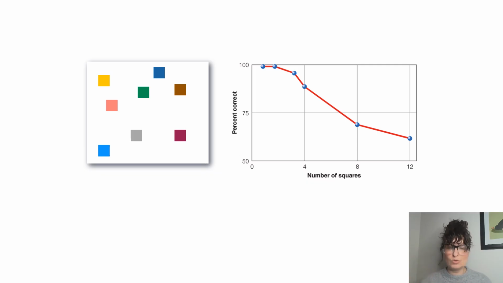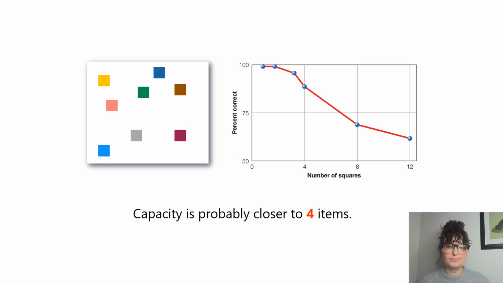But as soon as you crest over 4, you start to see performance really suffer, suggesting that at least in the visual domain, we're capable of keeping track of approximately 3, maybe 4 items before our capacity is overwhelmed and we start to see a decrement in performance. So at least when we're using visual items, and there's even some evidence from the verbal learning literature that capacity is actually probably closer to 4 items plus or minus 1.